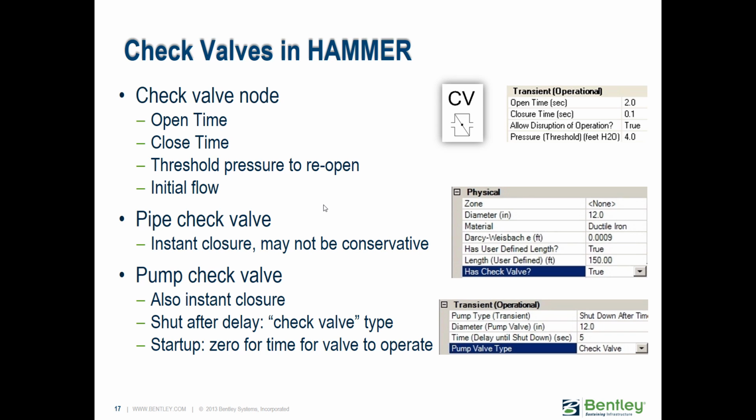Typically you would get the most conservative results if you introduce that time delay it takes to close the check valve, because in that time between when it first starts to reverse flow and when the valve is closed, you've built up some reverse velocity. The water column has started to accelerate and move in reverse, and if you're then stopping it, you're stopping a greater momentum, and that can result in a greater transient event, as we mentioned in the first session.